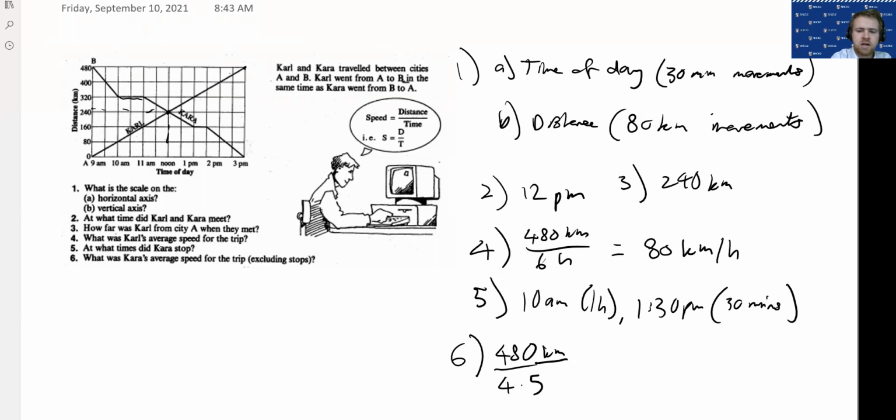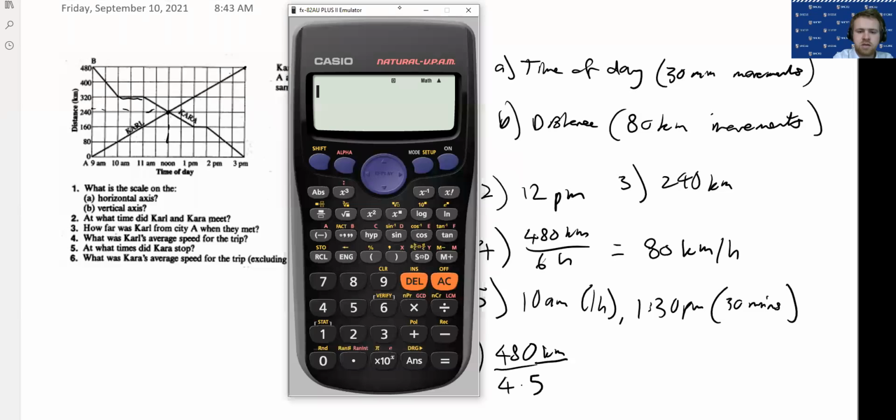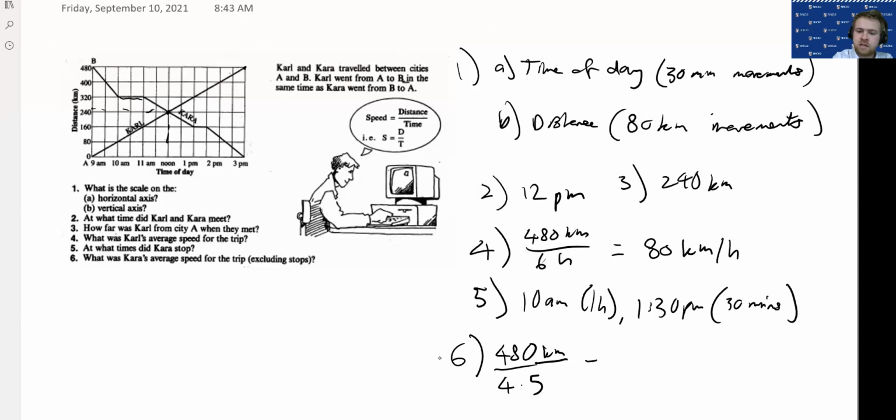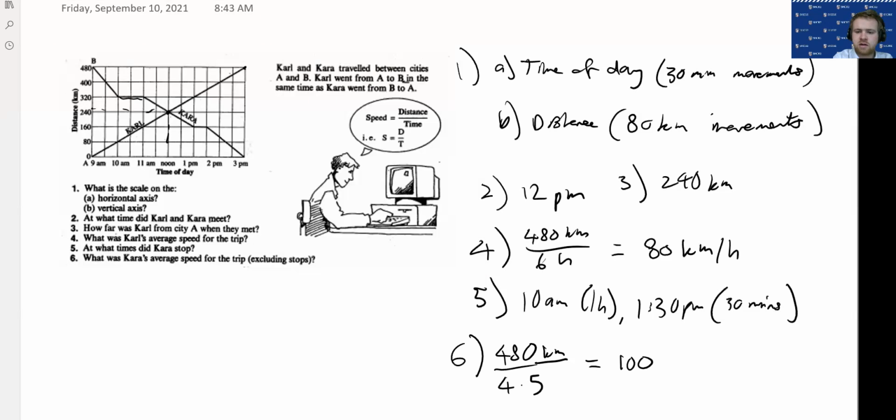So we get 480 divided by 4.5, and we simply do that calculation to work out the rate. Okay, so she went a bit quicker. She went 106.67 kilometers per hour. That's to 2 decimal places.